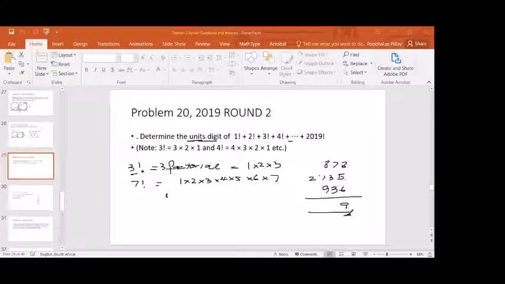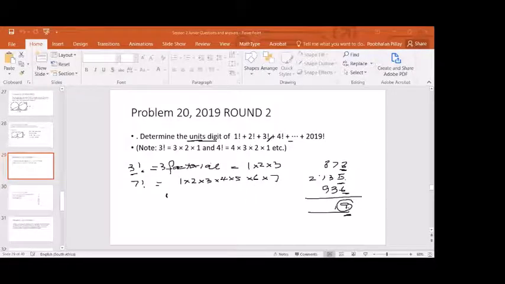And this will be the unit digit. I need to add only the units of each of the numbers to get the units digit of the sum. I don't have to worry about what this is. The question is just to find the units digit of the sum. So I don't have to have all these numbers. I need to have only the last digit of each of these numbers and add them up to find out what the units digit of the sum is. Okay, so just bear that in mind.